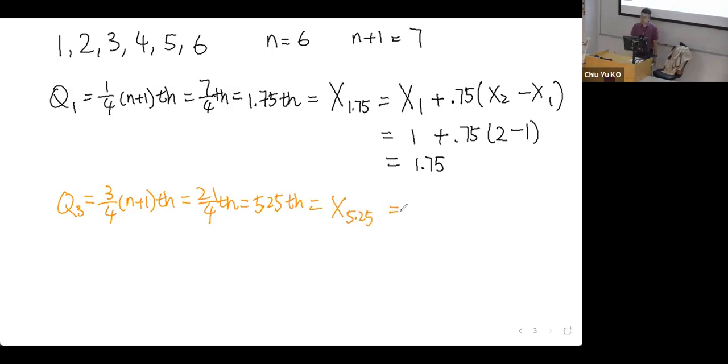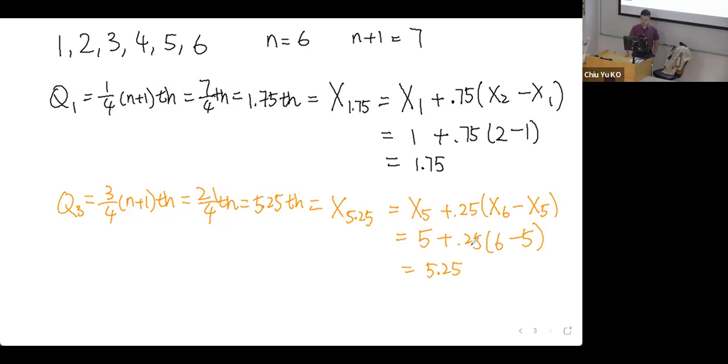Then 5.25 is what? You start from 5 and go a quarter of the way between 5 and 6, so it's 5 plus 0.25 times (6 minus 5), which is 5.25.